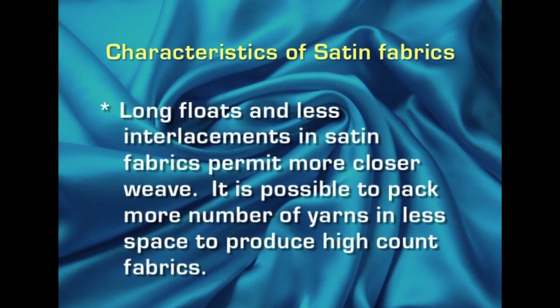And these long floats and fewer interlacements in this particular weave contribute to more threads being packed in, and so a higher thread count is possible in satin fabrics when compared to other fabrics, even more than twill weave fabrics.